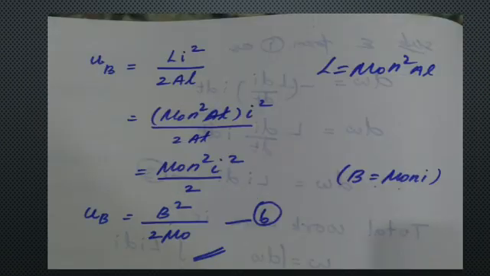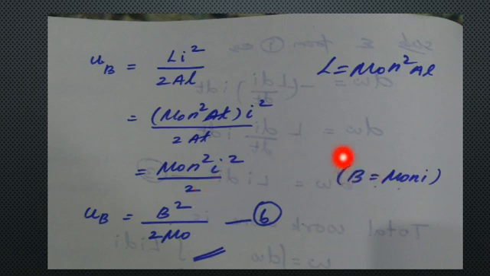Here, L is equal to mu naught N square A L. Substituting the U B value, 1 by 2 L I square, I get L I square divided by 2 A L. Substituting this inductance value, mu naught N square A L into I square divided by 2 A L. What cancels? L and L cancel, and A and A cancel. I get mu naught N square I square divided by 2.